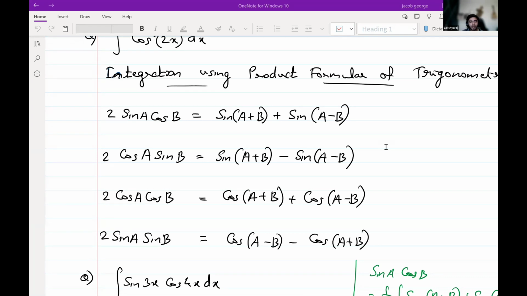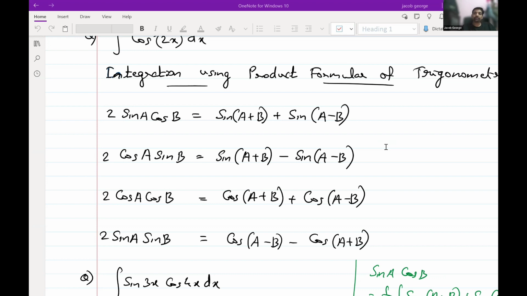So these are the formulas. 2 sin A cos B is sin A plus B plus sin A minus B. To get the form sin A cos B, you take 2 to the right side and write half of sin A plus B plus sin A minus B. 2 cos A sin B is sin A plus B minus sin A minus B. Then 2 cos A cos B is cos A plus B plus cos A minus B. And 2 sin A sin B is cos A minus B minus cos A plus B. Okay, so these are the product formulae.